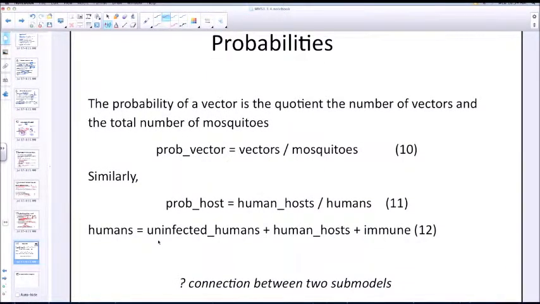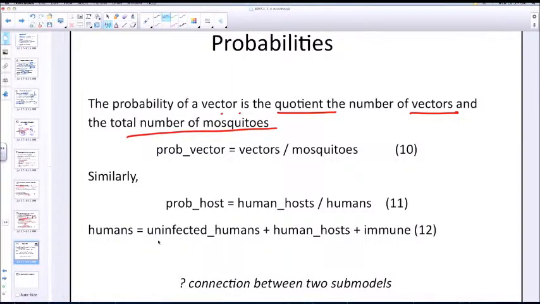So look at the two probabilities. That's what makes a difference. The probability a mosquito is a vector is the quotient of the number of vectors to the total number of mosquitoes.